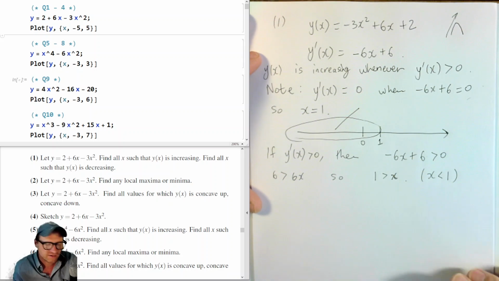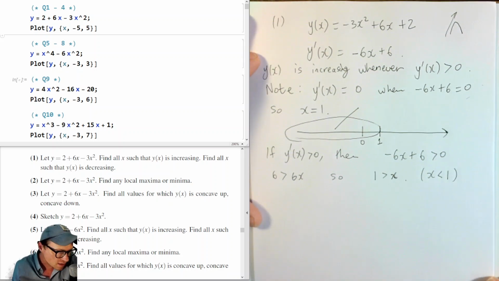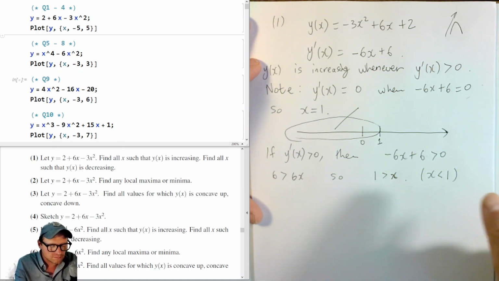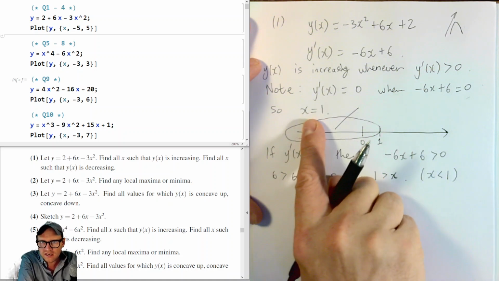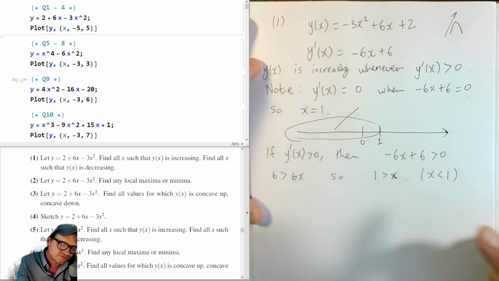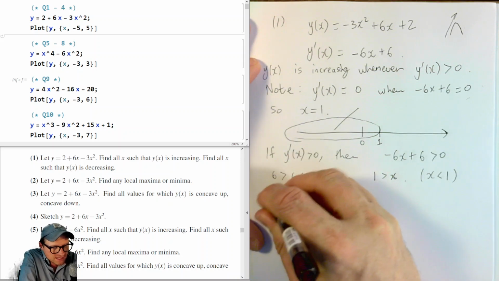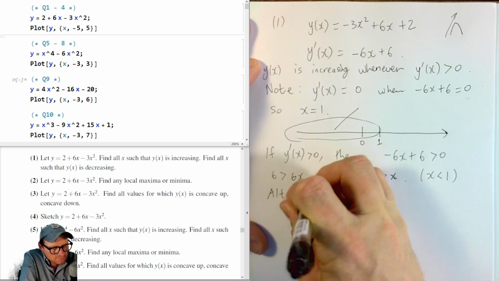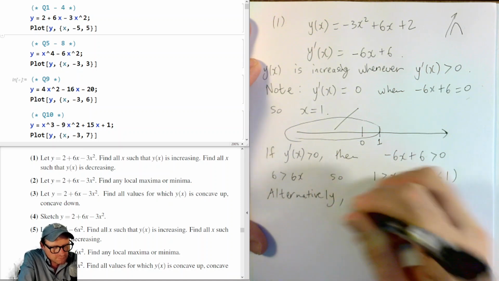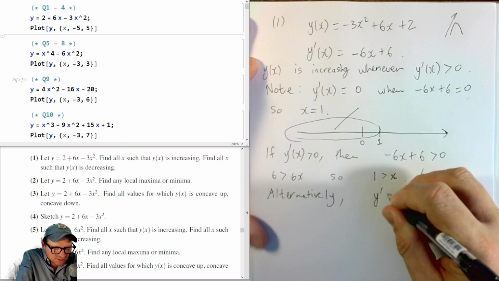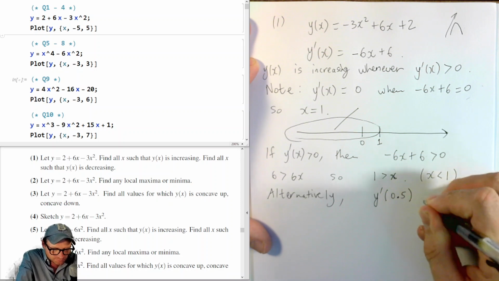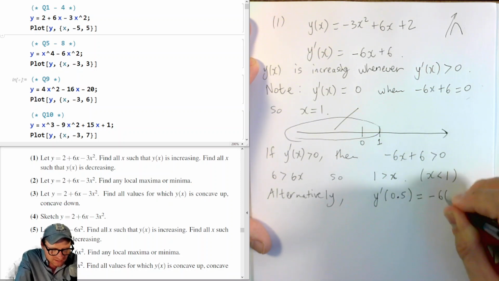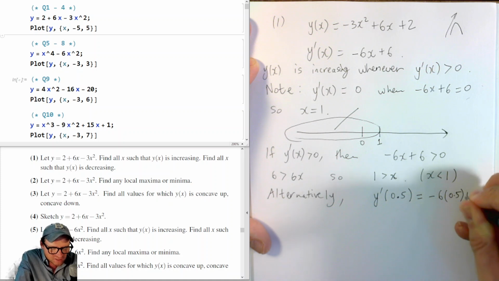Now, how could you do that if you really struggle with solving inequalities? Well, you could just choose a number on one side of the turning point. We see that we have a turning point at x equals 1. If we pick something on the left of that, let's say alternatively, y dash of 0.5 is equal to minus 6 times 0.5 plus 6.